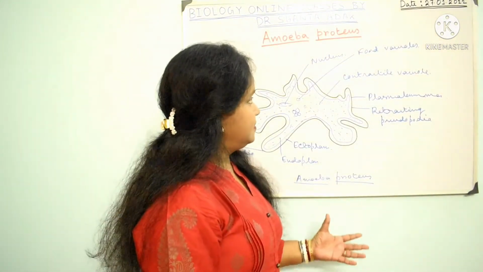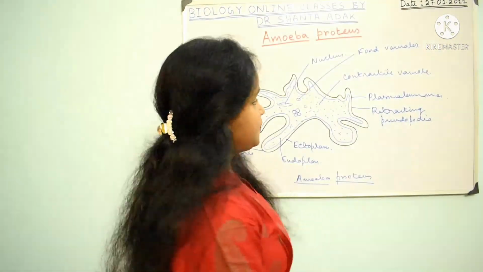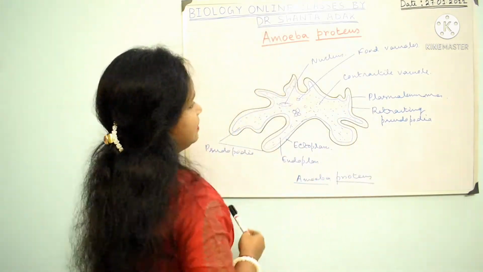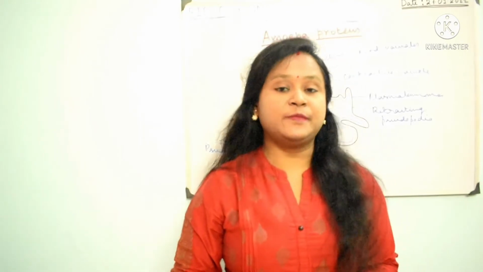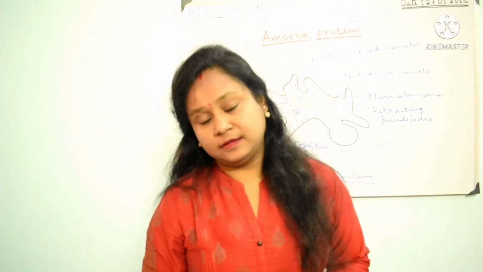If we want to study this diagram, the first point is the plasmalemma layer. Let's discuss some description of plasmalemma. Plasmalemma is a thin, delicate membrane. It is the outer living membrane of the amoeboid cell.